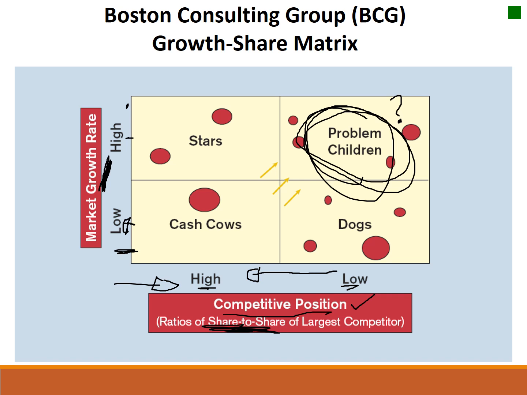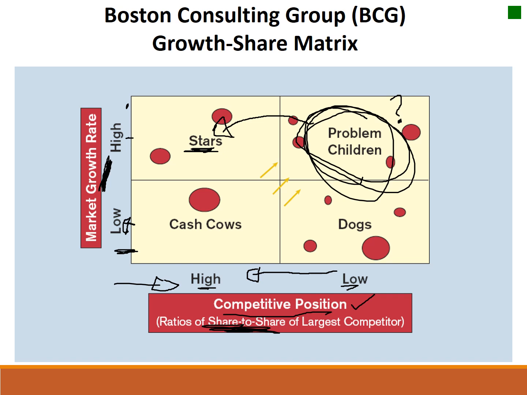There's a lot of potential, but we don't have a strong market share in this product right now. So what we want to do is invest money so that we build awareness, build the attractiveness of the product, and we grow our market share so that a problem child becomes a star for us. That's the goal here.